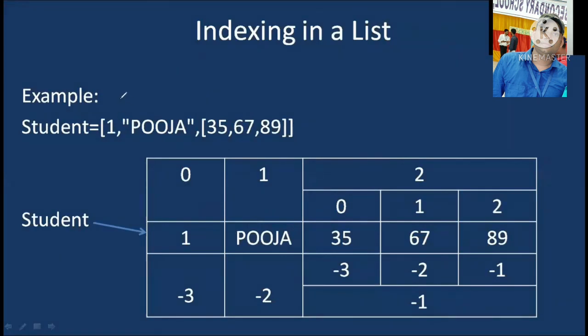The nested list I have taken has 3 elements, 0, 1 and 2.